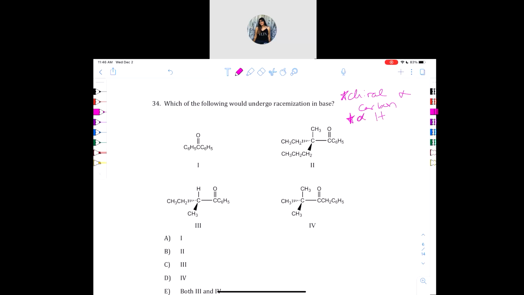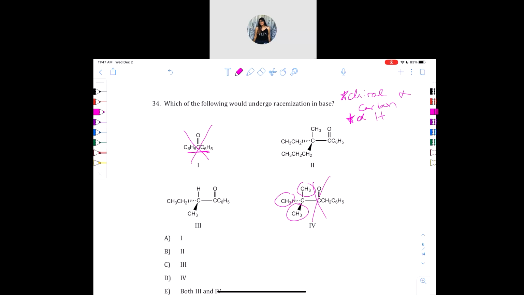Sweet. So automatically we can kick off this one because we have two benzene rings. We can't have chirality. Which other one can we automatically kick out if we look closely? Number 4, exactly, because all of these groups are the same. No chirality. This one is just here to trick you.